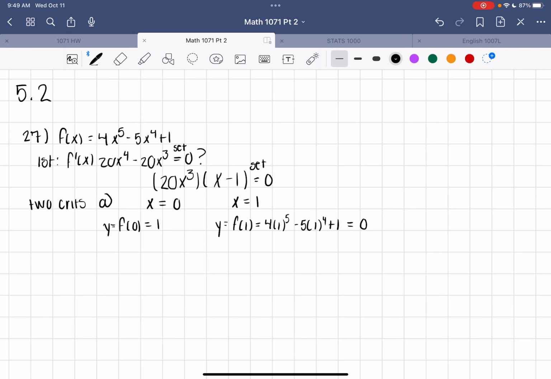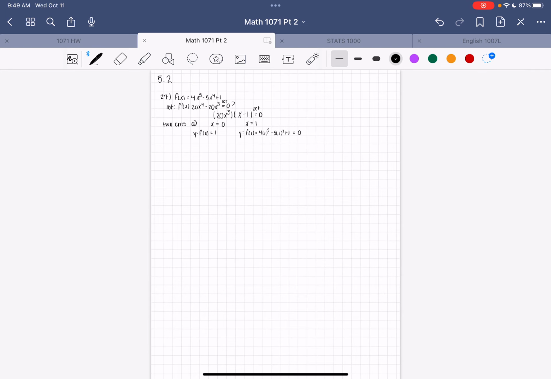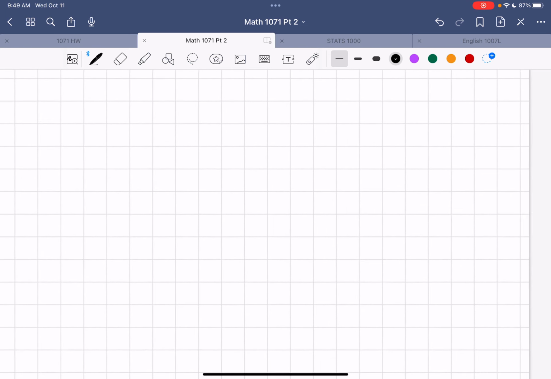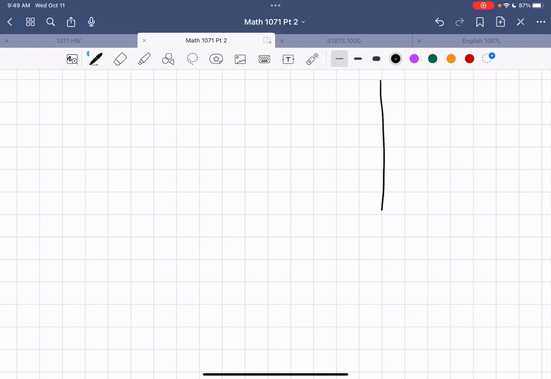There's one critical point. And then when x is 1, y is 0. There's the other. Two critical points.